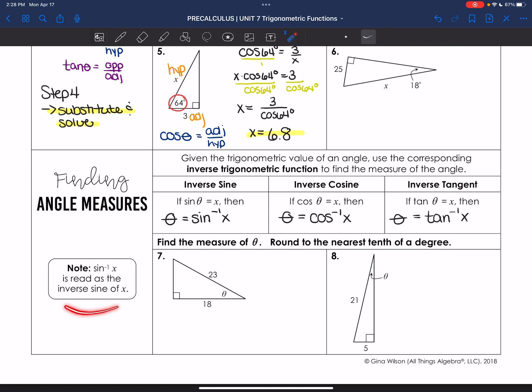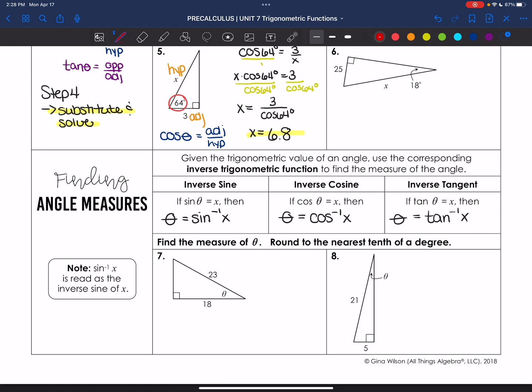Now, like it says here, sine to the -1 power is read as the inverse sine of x, or here, inverse cosine of x, inverse tangent of x. We want to make sure that we can read our mathematical statements correctly.